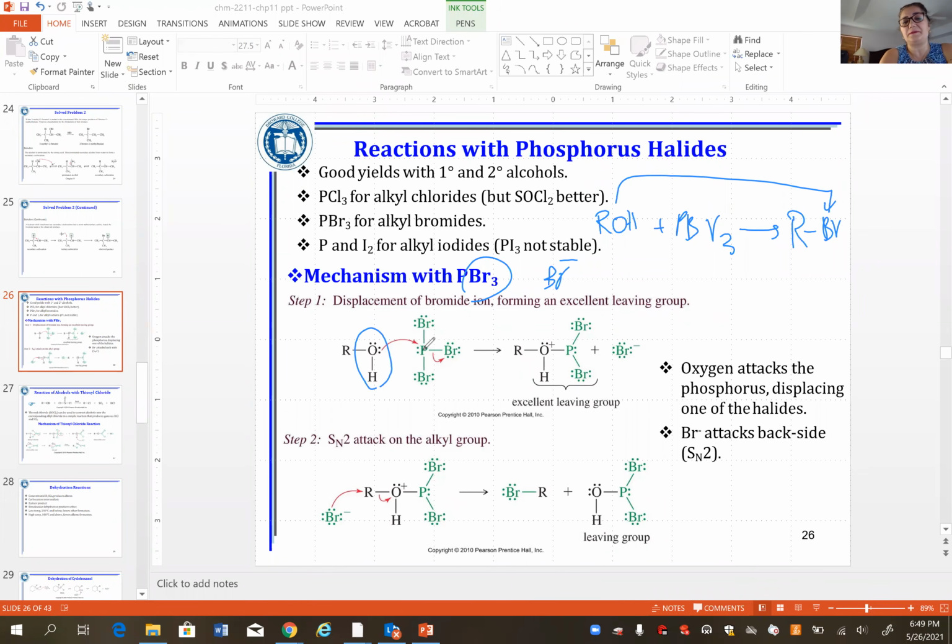So when we bring the PBr3, then you would have this bond between the oxygen and the phosphorus. First you have the new bond forming between the oxygen and the phosphorus, and Br minus is going to leave. So you basically generate your nucleophile here, and Br minus is a good nucleophile.